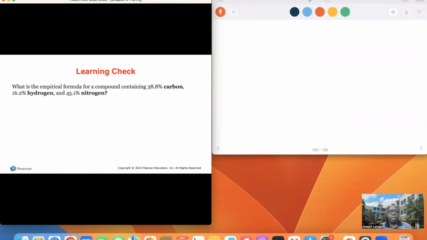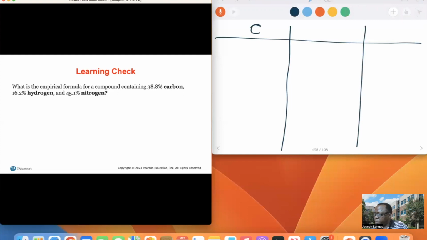So here, if you add all the percentages, should give you 100. Empirical formula, we have carbon, we have hydrogen, we have nitrogen.